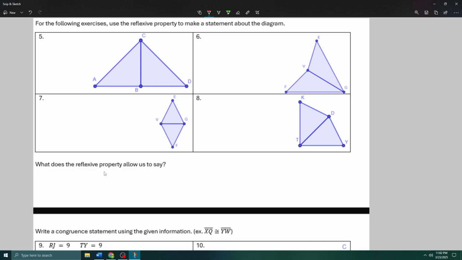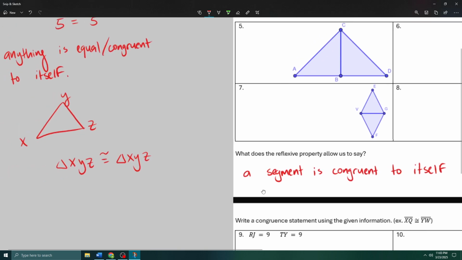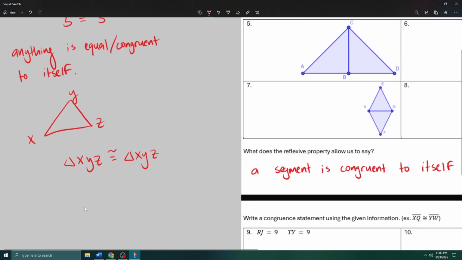The reflexive property allows us to say, basically, a segment is congruent to itself, right? So if I go back, looking at this triangle, I would say, well, segment YZ is congruent to segment YZ. Right? Not too bad. A little odd, but not horrible.